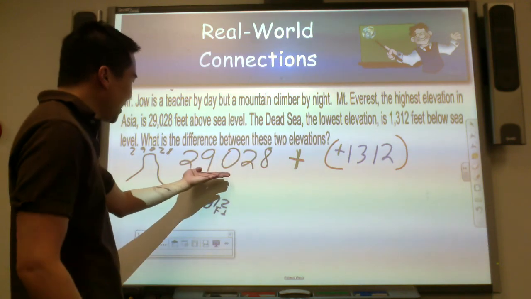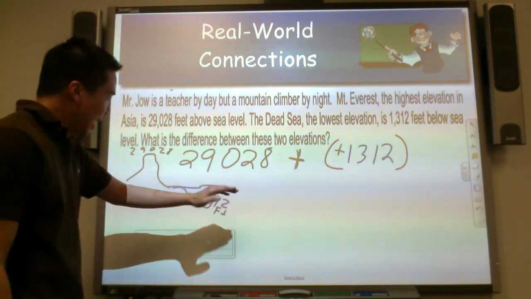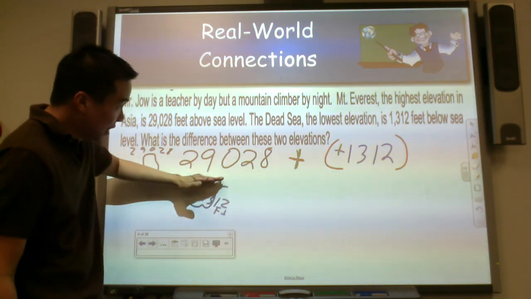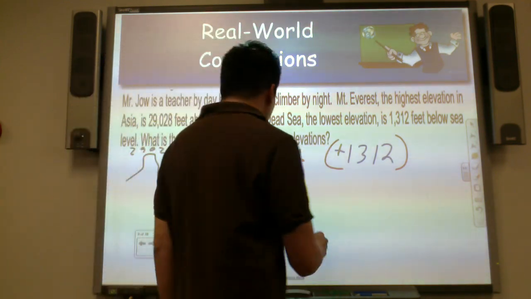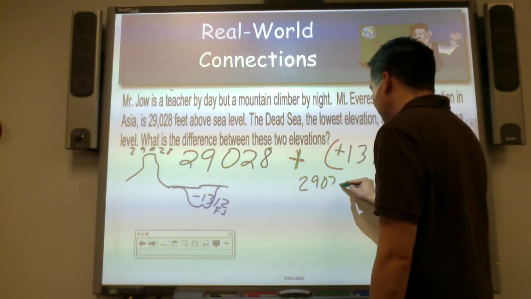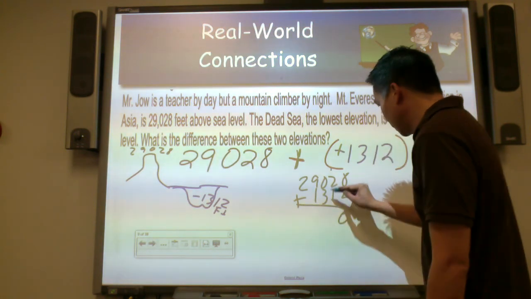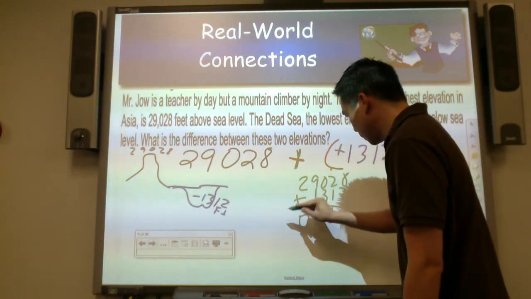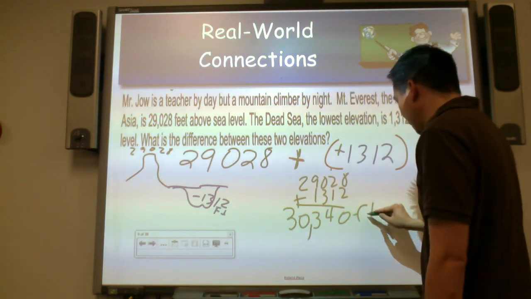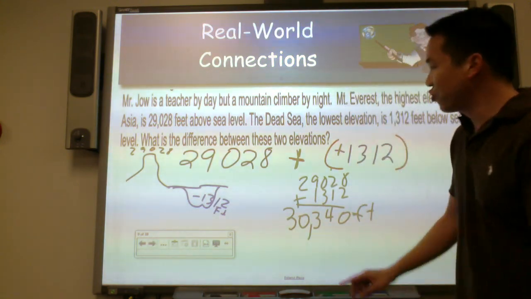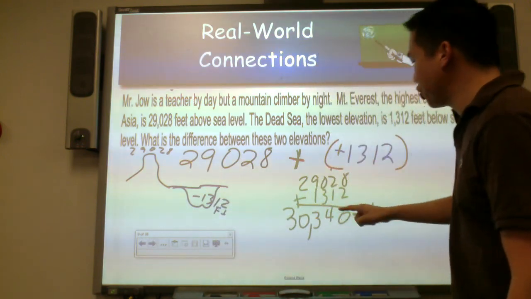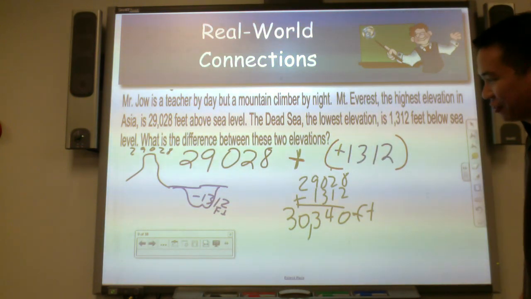So we have 29,028, that's the elevation here, and this one is 1,312. Together, the difference in the elevation from the peak to the valley here is 30,340 feet.